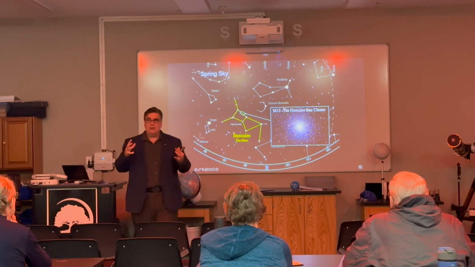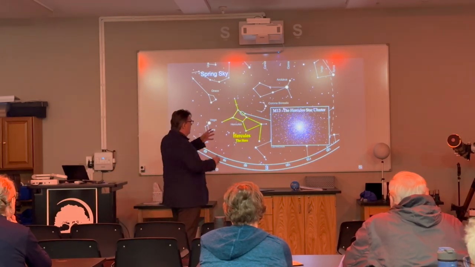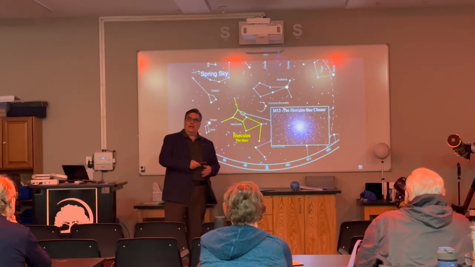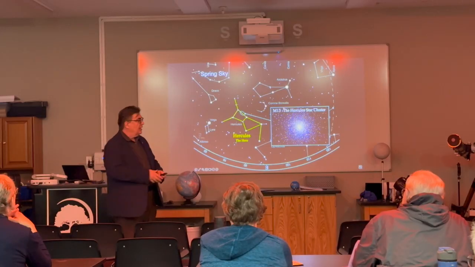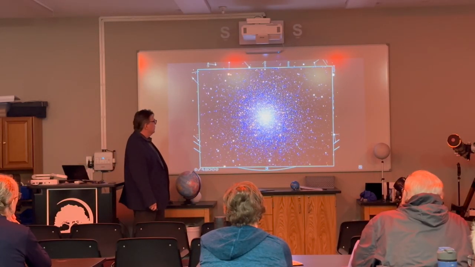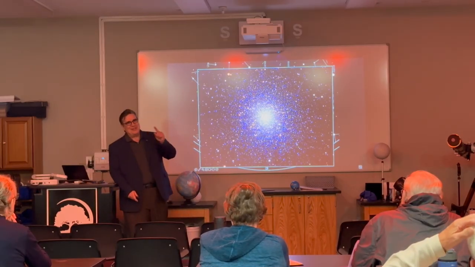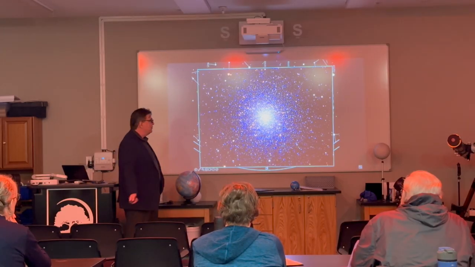Somewhere between 500, maybe even 800,000 stars compressed within this particular globular cluster. And this globular cluster was discovered by Edmund Halley, the gentleman who discovered Halley's Comet. Beautiful, beautiful cluster of stars. And maybe we'll get a chance to see, we'll see how the sky is doing for us, but maybe we'll get a chance to see M13, the Hercules star cluster, tonight.